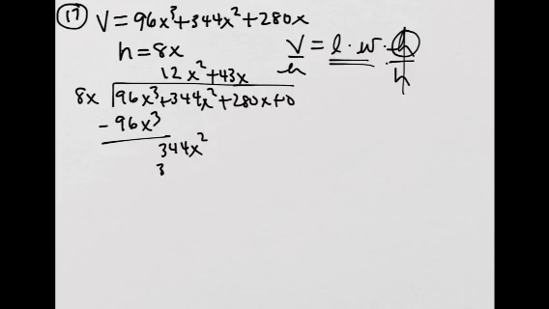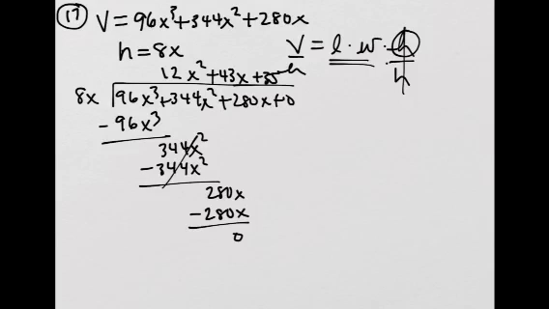And so that's 344 exactly. So you subtract, you get another 0, bring down the 280. Okay? And 8 goes into 280 35 times. So 35 times 8 is 280x, and you get the remainder 0.